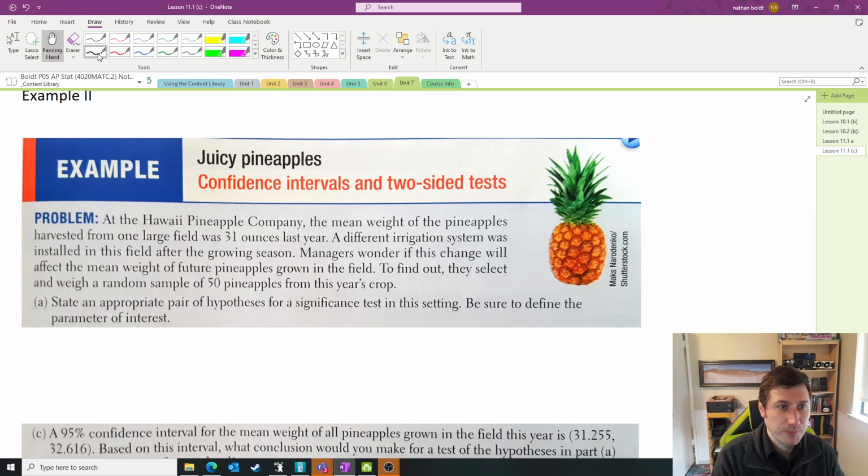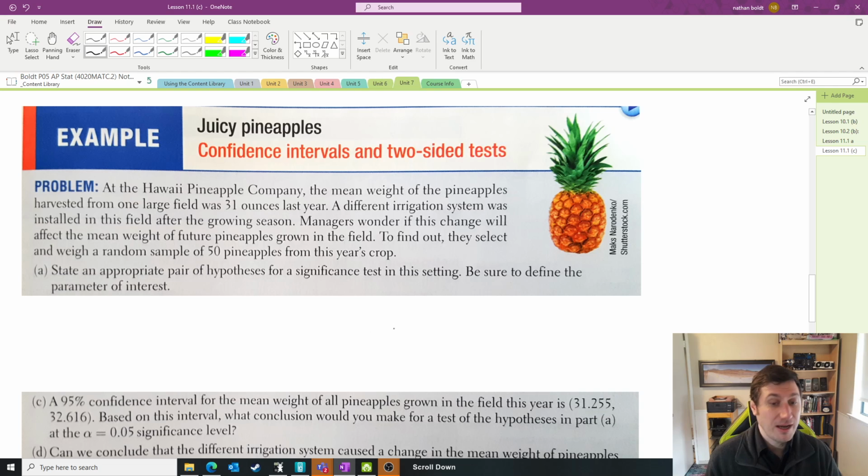All right, so what is our hypothesis test here? Our null is that the average is the same as it's always been. Last year it was 31 ounces, so our null is that nothing has changed.